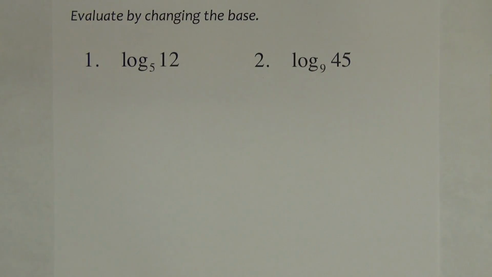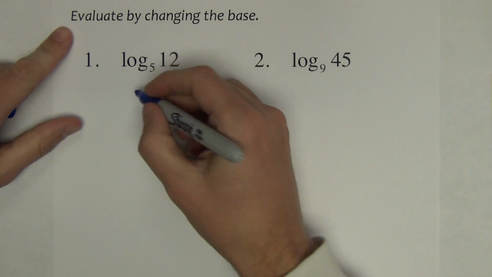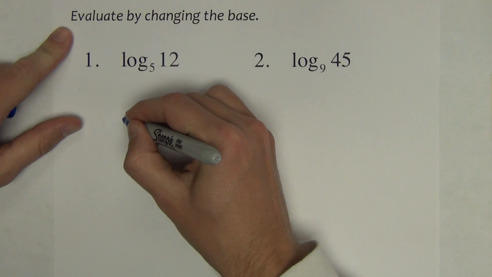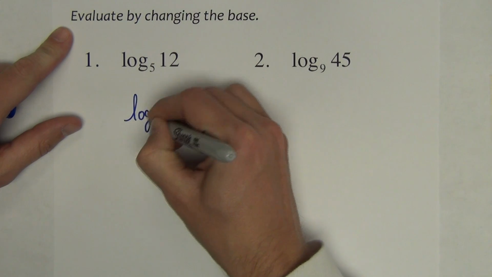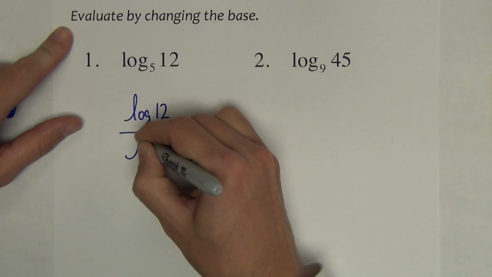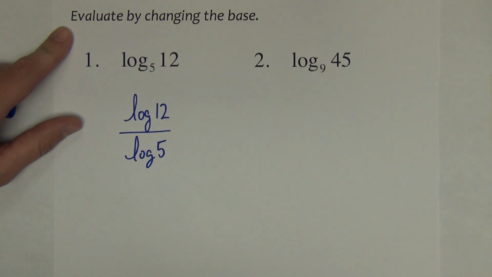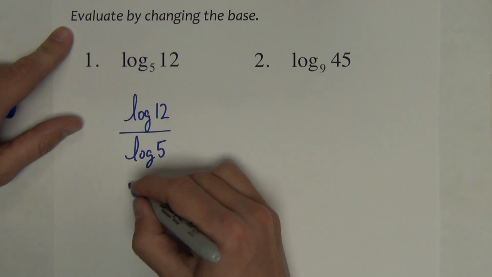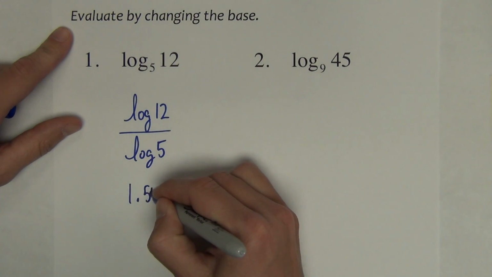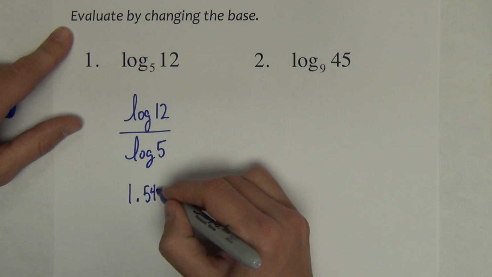Okay, so last two examples, and they say evaluate by changing the base. So log base 5 of 12 is equal to log 12 divided by log 5. And if I type that into the calculator, I get this to be about 1.5440.